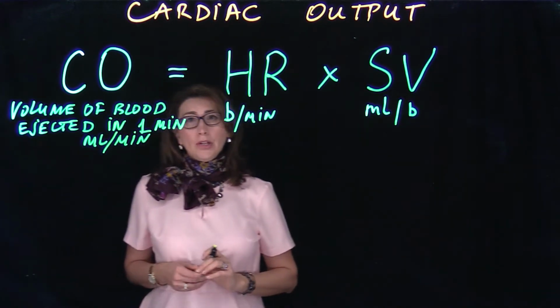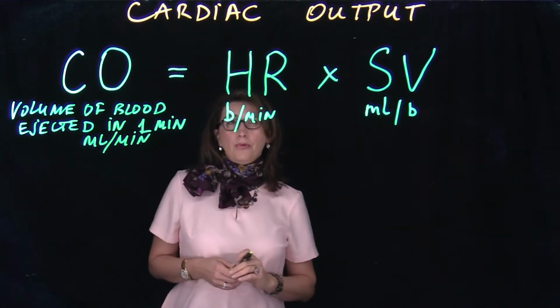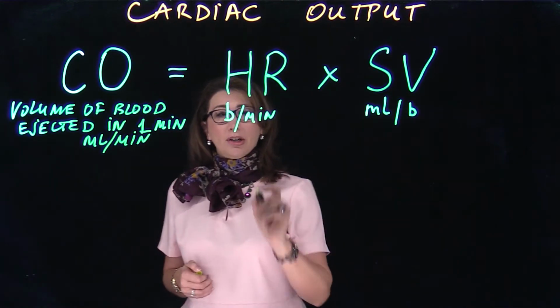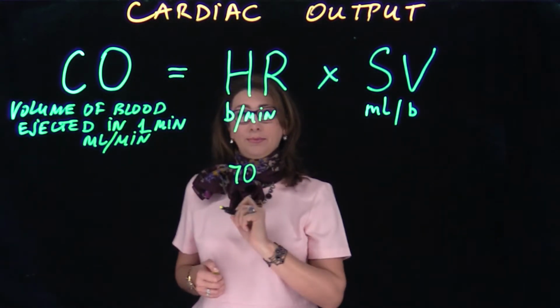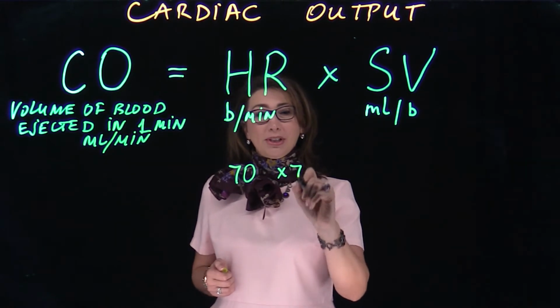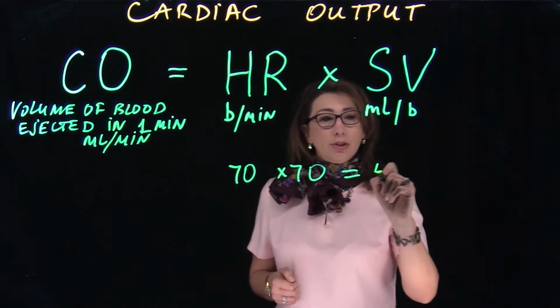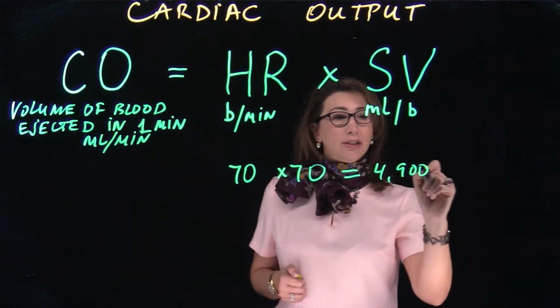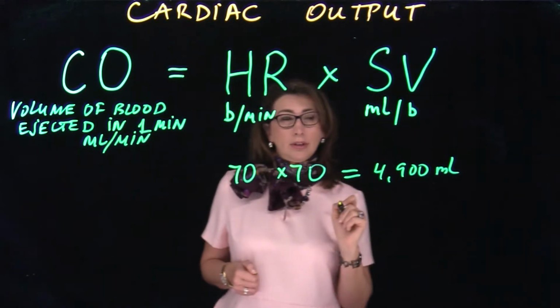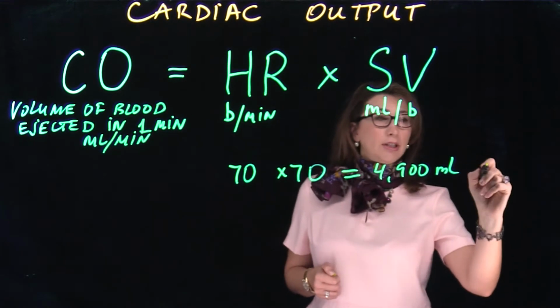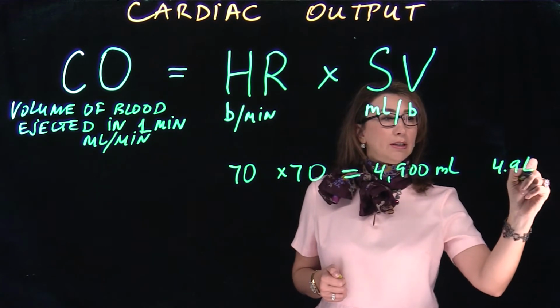Okay. So if we assume that on average our heart rate is about 70 and our stroke volume is about 70, then our cardiac output is going to be 4,900 milliliters, which is expressed in liters, 4.9 liters.